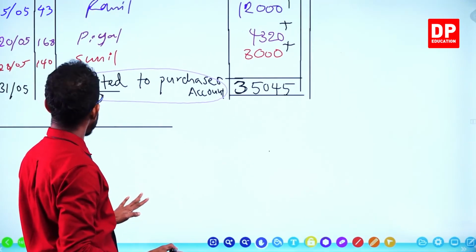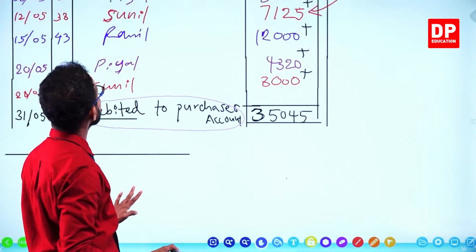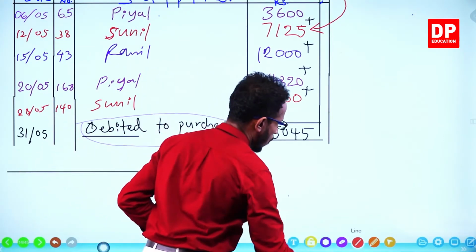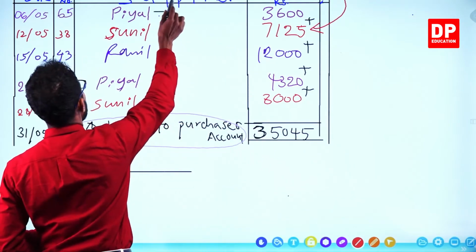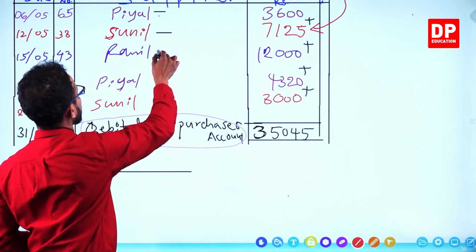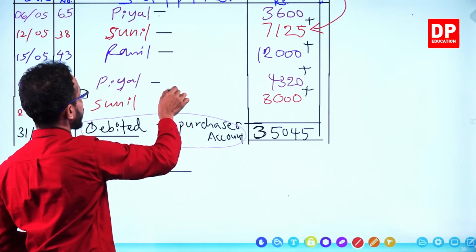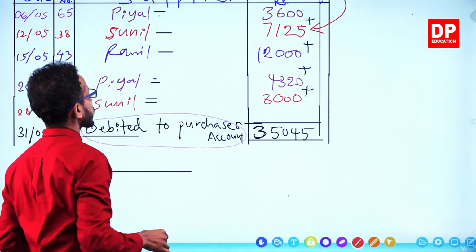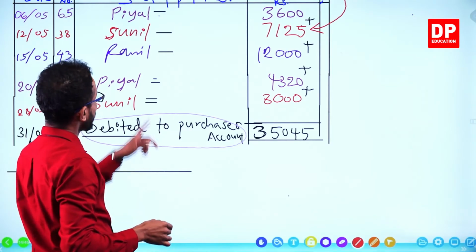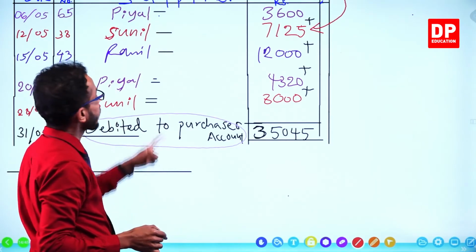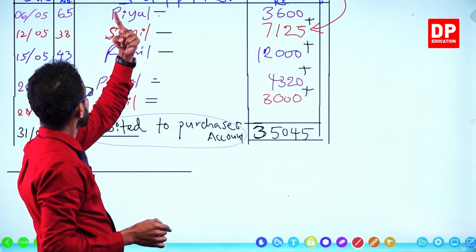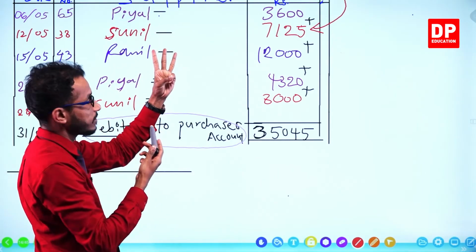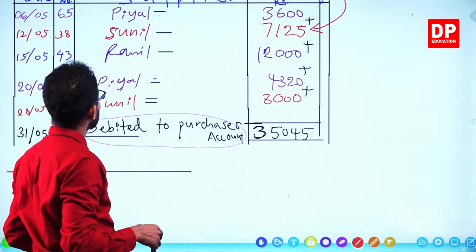Right? And how many creditors accounts do we need? We have Pial, Sunil, Ranil, again Pial, again Sunil. So we don't need these two. We have already counted Pial, Sunil, and Ranil. Only 3 creditors.